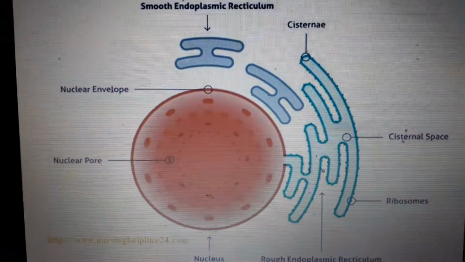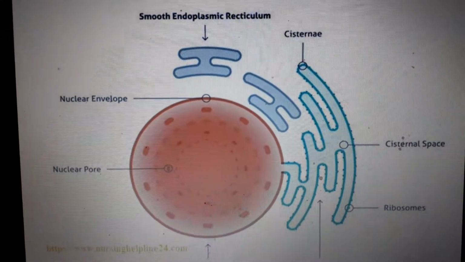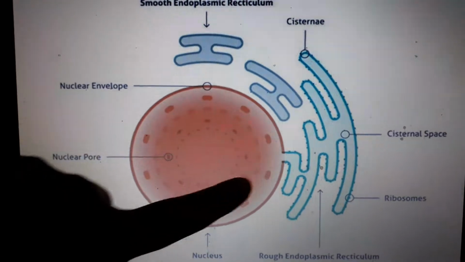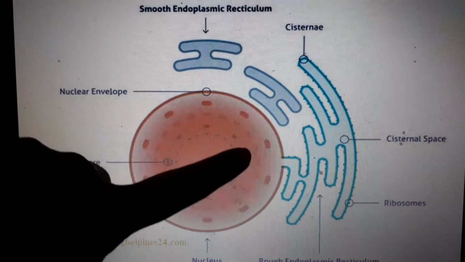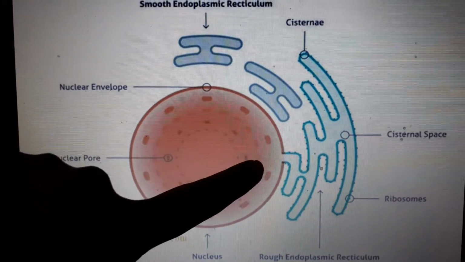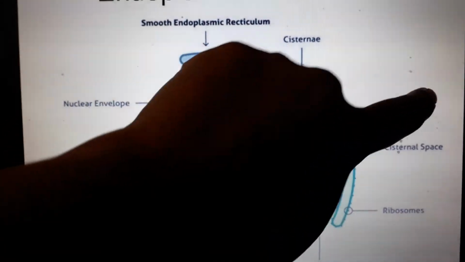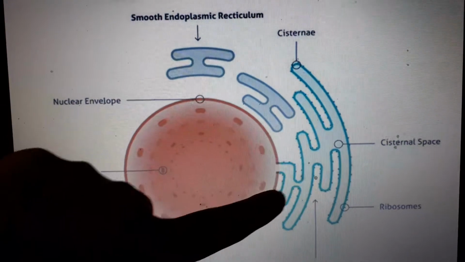Now, what is the function of endoplasmic reticulum? It transports substances like sugars, proteins, molecules, all are transported from the nucleus to various parts of the cell through endoplasmic reticulum.